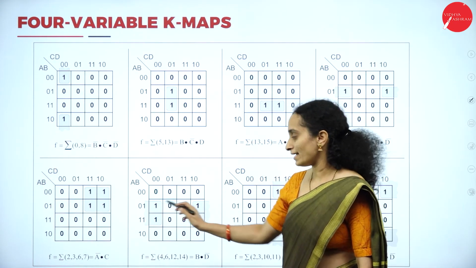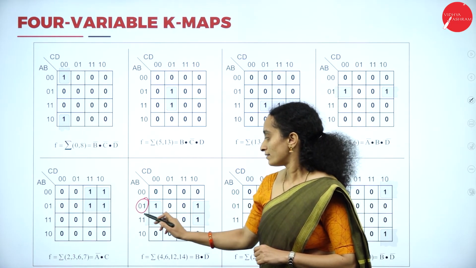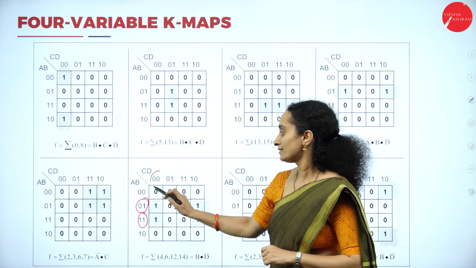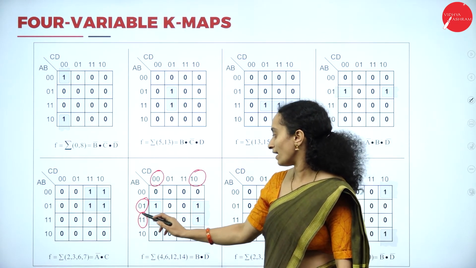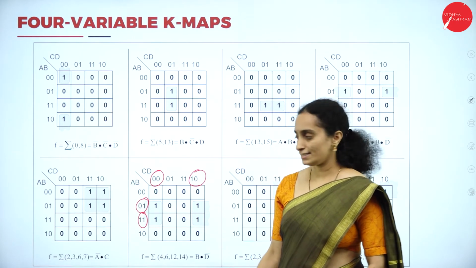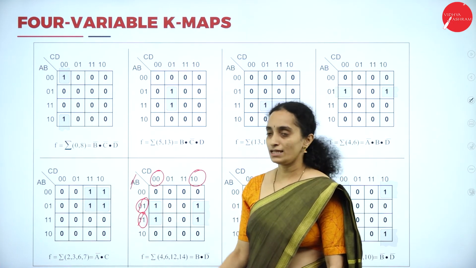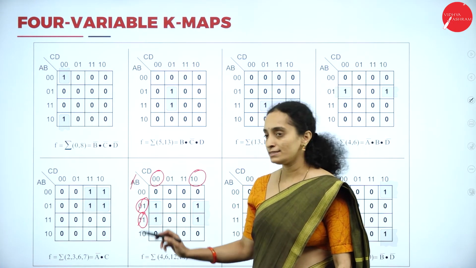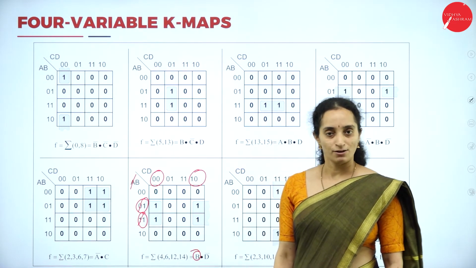Let us check with next example. Next example has again 4 ones. Check these values. In this, we have A changing the state. A will be ignored. B is remaining in the non-complement form.